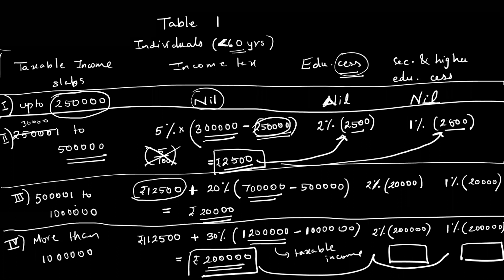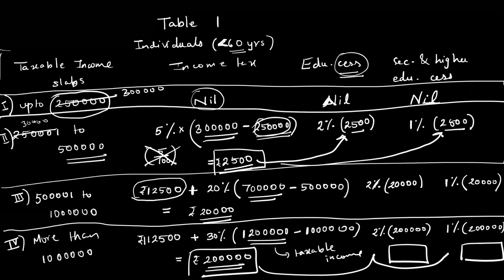The other slabs, if you notice, are the same. Only this limit has changed to 3 lakhs. These two slabs are the same, but now the amount that they have to pay has changed. The fixed amount 12,500 became 10,000, meaning 2,500 less here. The 1,12,500 became 1,10,000, meaning 2,500 less here too. The percentages and calculation are exactly the same.